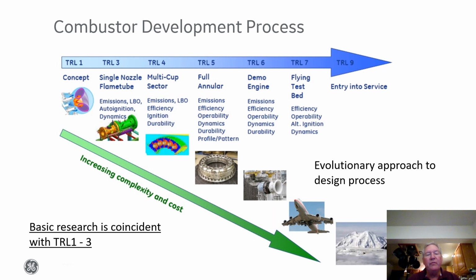Finally, we would go to full annular and then engine demonstration testing. These are after all the issues that arose during the earlier development testing were ironed out, and we're narrowing in on a design that looks like it will meet all the requirements.